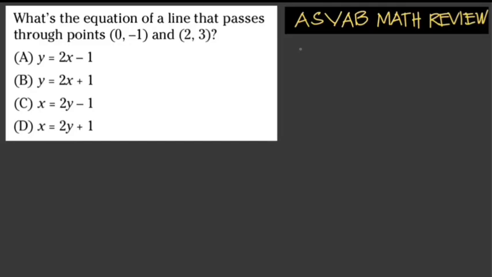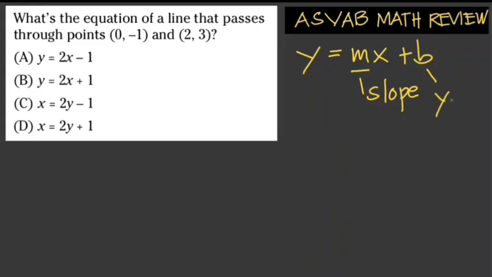We know that the equation of the line is y equals mx plus b, where m here is our slope, the rise over run, and b here is our y-intercept. So the first thing we do here is to solve for our slope, since we are given 2 points on the line. Okay, so let's use the slope formula.